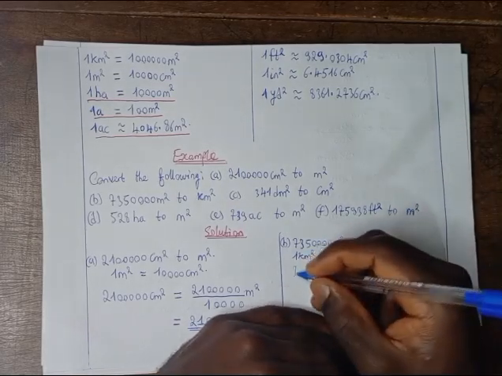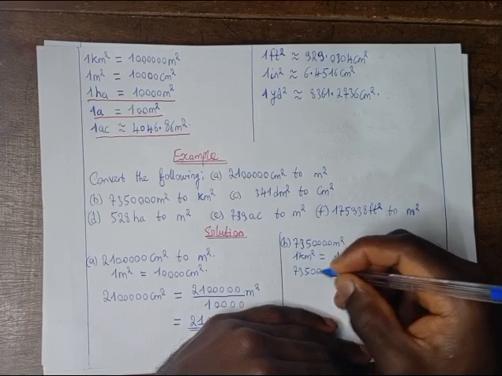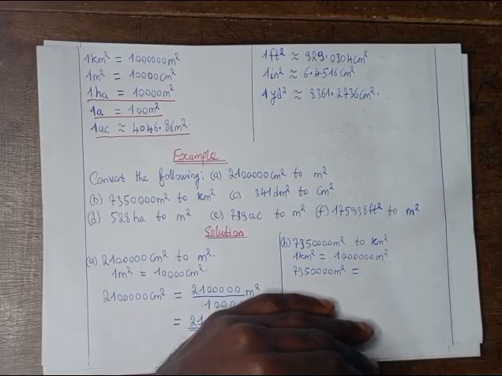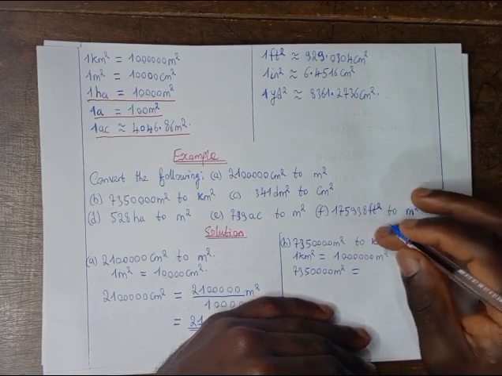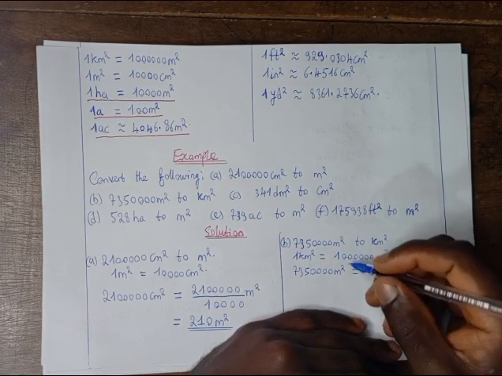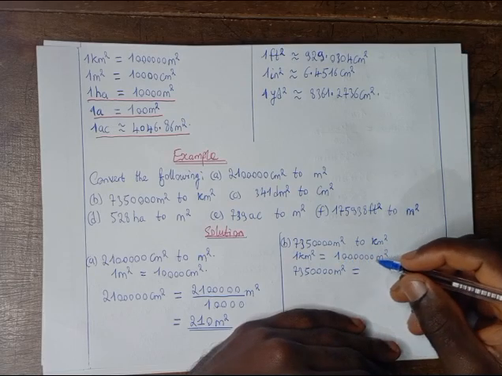For us to convert this, we are changing from a smaller unit to a larger unit. We are going to divide by this constant, which is 1 million.